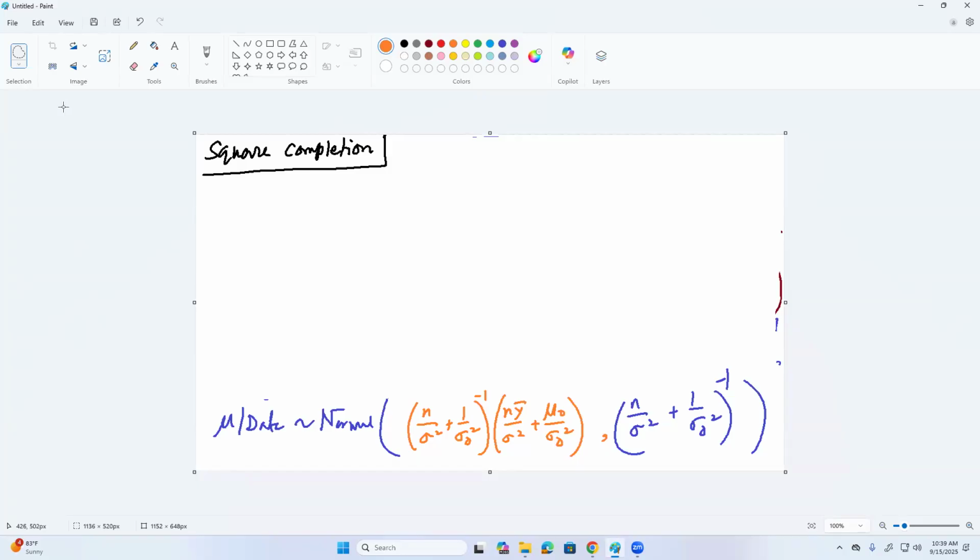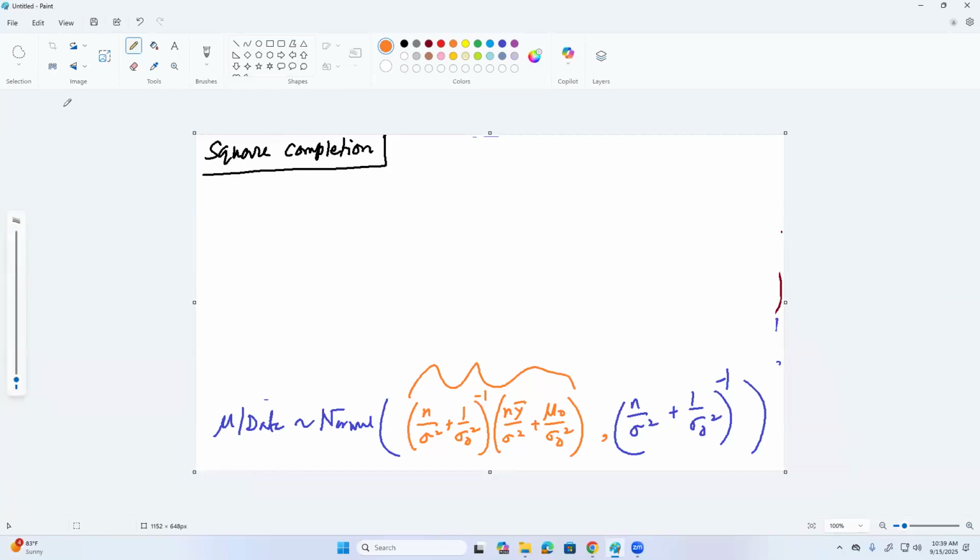The posterior mean is the weighted average of the data mean and the prior mean. Prior mean was mu sub 0 and data average was y bar.